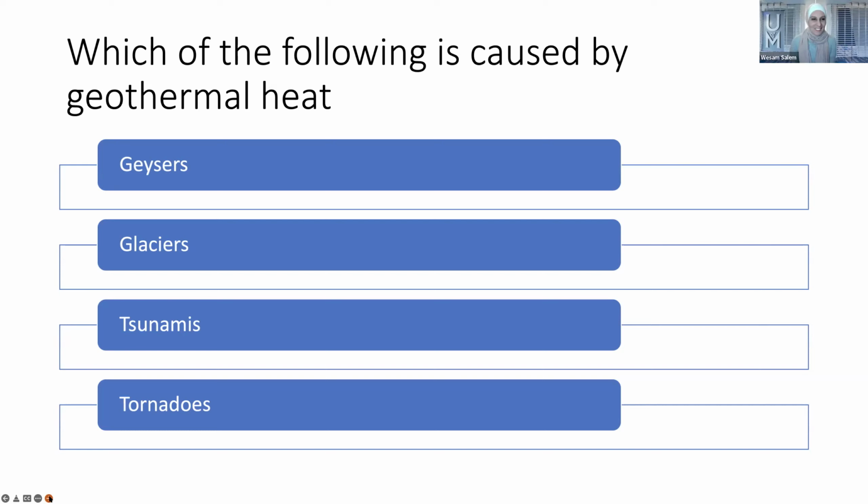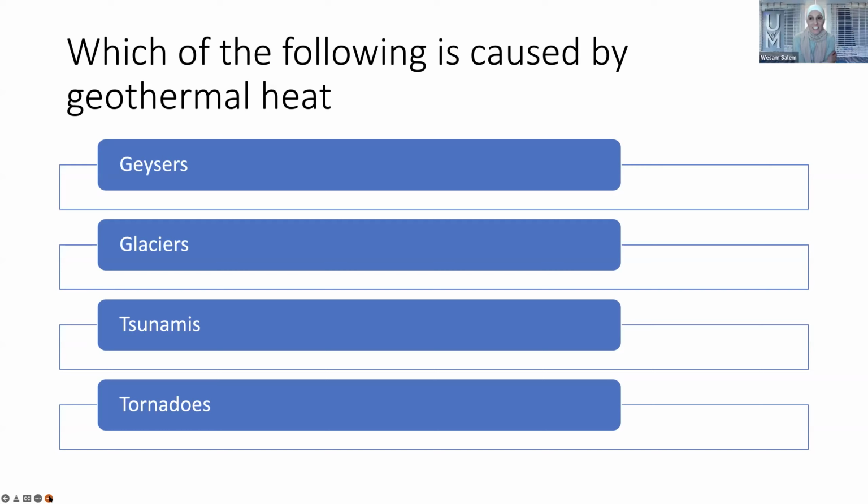Thank you. So when I was thinking of what would be caused by geothermal heat, I knew right away that glaciers wasn't going to be it because I know glaciers typically involve ice, and tsunamis, I know they involve the tectonic plates, so I knew that probably wasn't it. And I also knew tornadoes was definitely not caused by geothermal heat. So with the process of elimination, that left me with geysers. So that's what I went with.